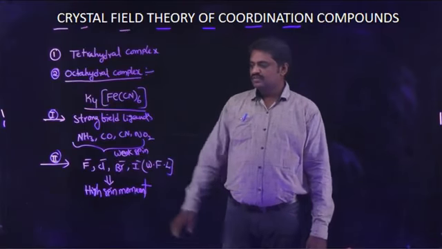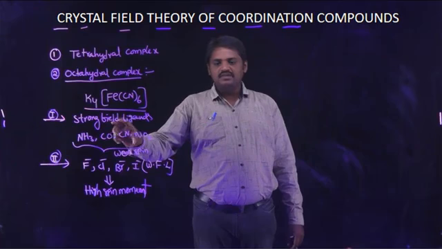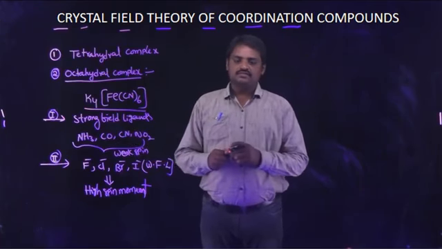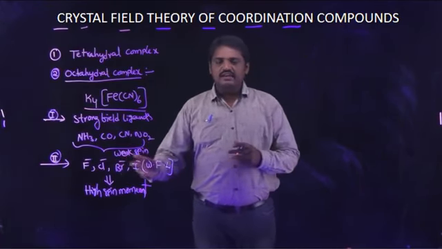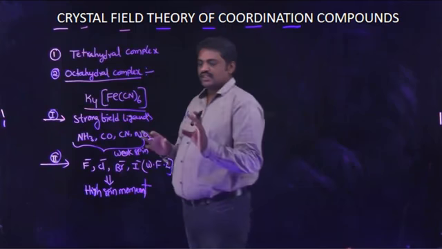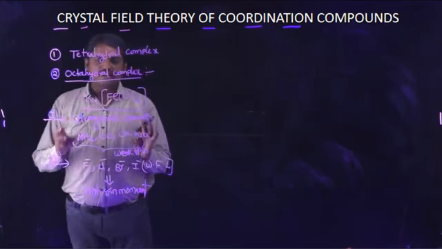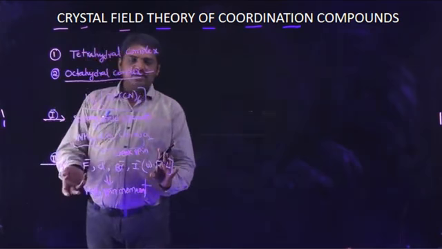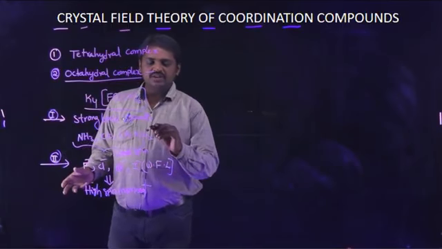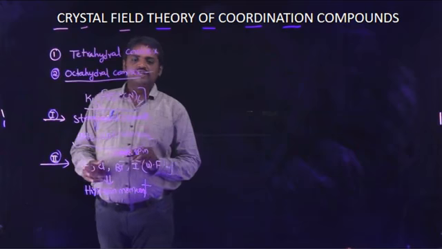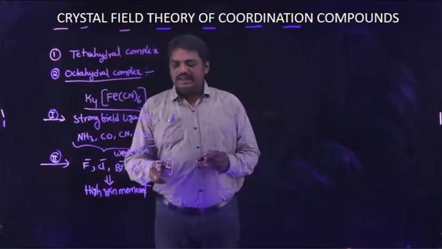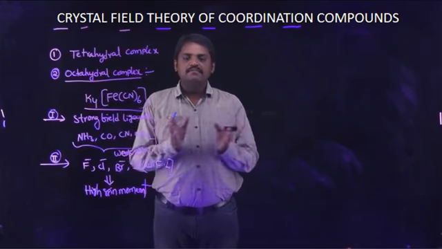Strong field ligands donate electrons in only one direction, whereas weak field ligands donate electrons in multiple directions.